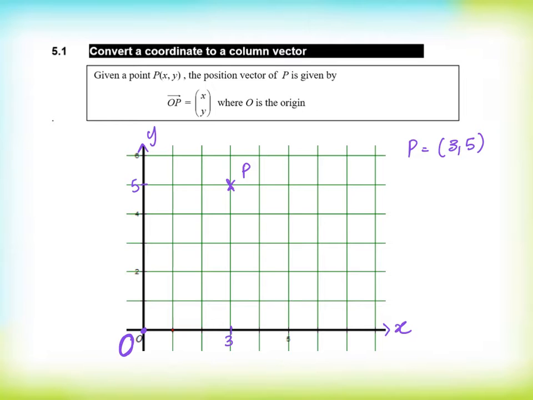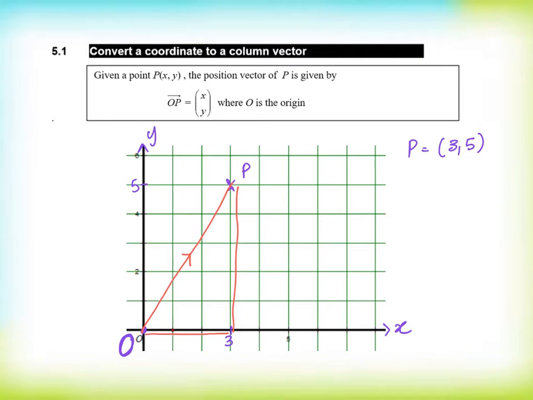Now the moment we have this coordinate, it tells us that from the origin, I can travel 3 units in my x-axis direction and 5 units in my y-axis direction to give me the vector OP to be (3, 5).